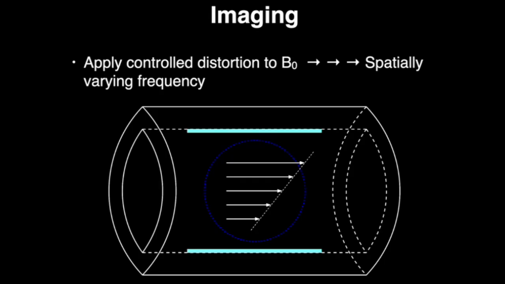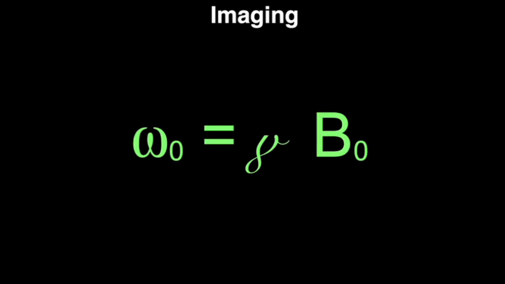At the very bottom of the imaging volume, the species there see a slightly smaller field than the species at the top, so the ones at the bottom precess, or rotate, a little bit slower than the ones at the top.